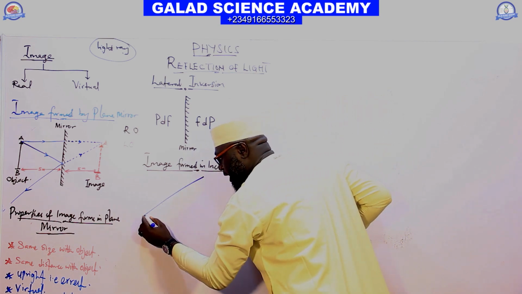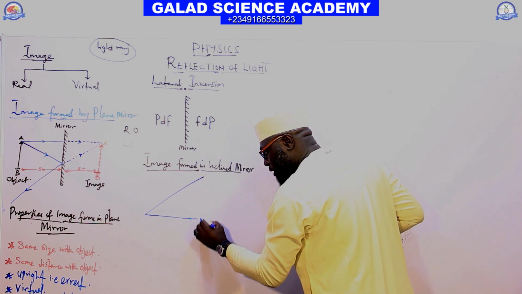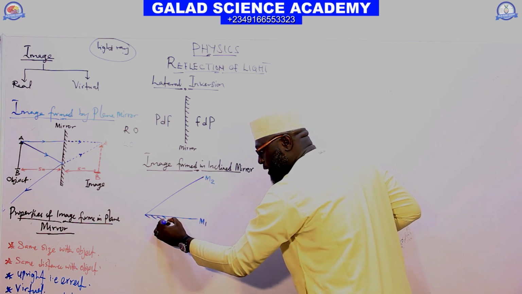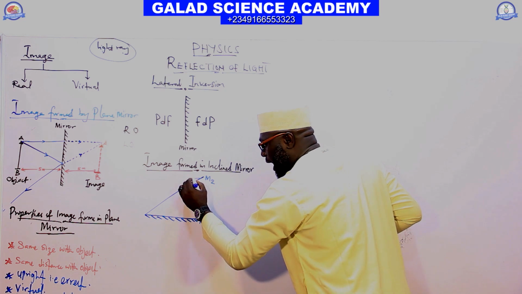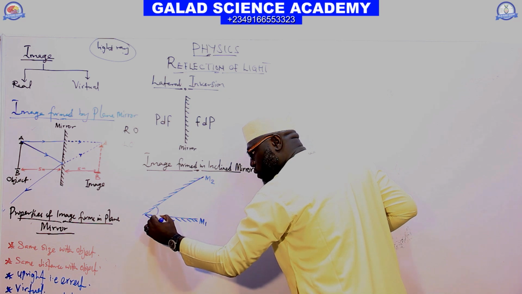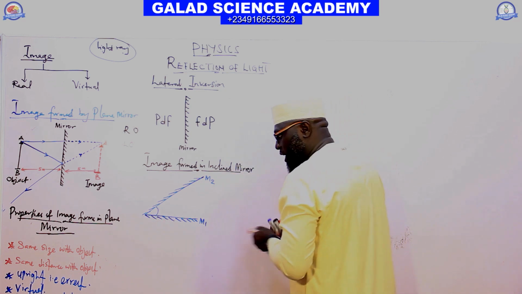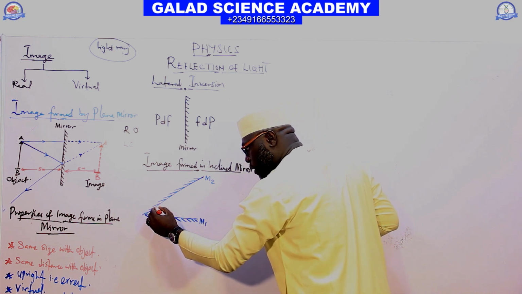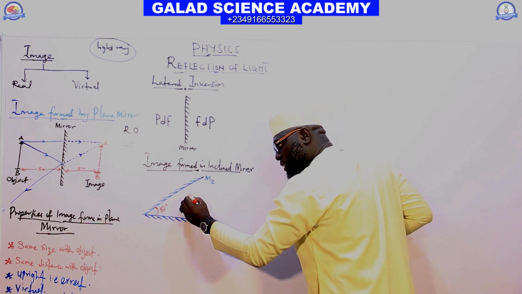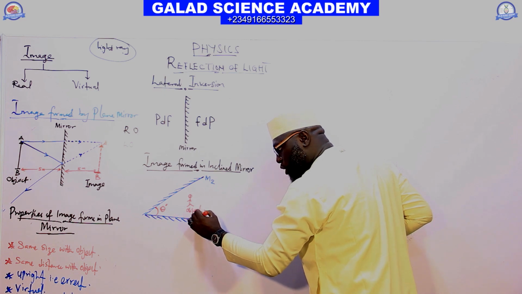Let's check it here. We have two mirrors like this. This is mirror 1, here we have mirror 2, and they are inclined to each other. Let's put the angle here, angle theta, the angle between the two mirrors. We are putting an object here.